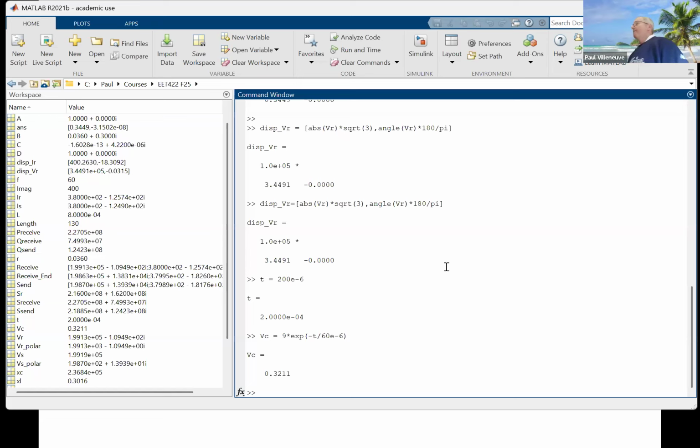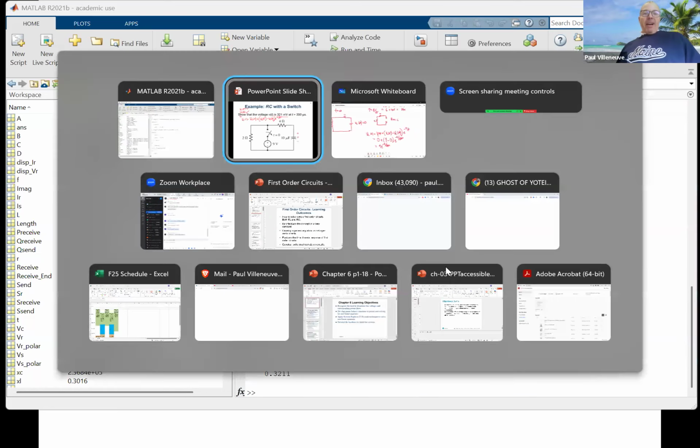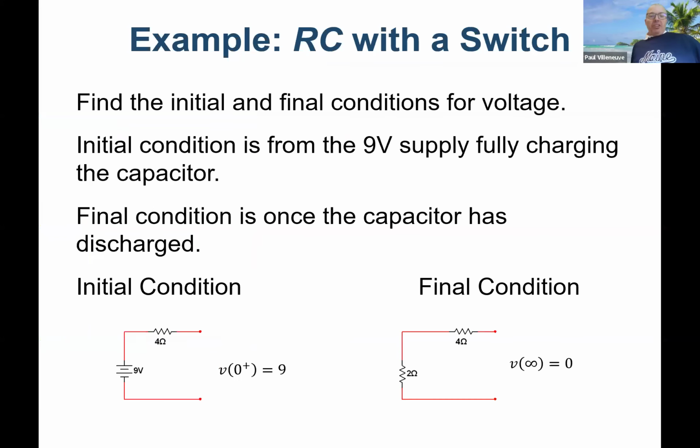Right? Everybody see how to solve that? Enter that in your calculators, do that process. Because that's exactly what you'll need to do when you solve this. If we go back to the PowerPoint, I actually showed you all the initial conditions and the final conditions. If you don't like this, you could call this the VC of 0 minus circuit and the V of infinity circuit.